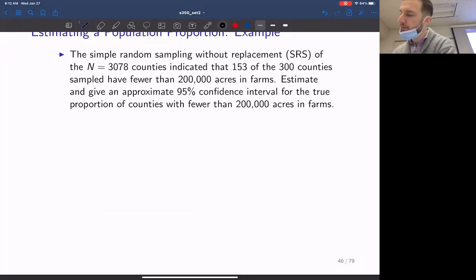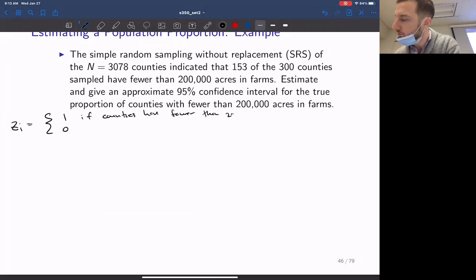Okay, so let's just take a look at what the indicator is here so we have an idea. So we have zi as 1 or 0. It's 1 if a county has fewer than 200,000 acres in farms and 0 otherwise.